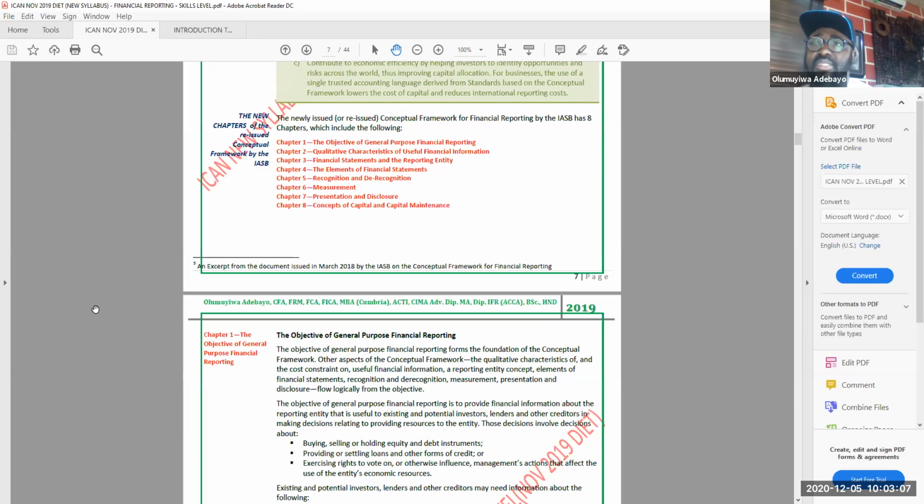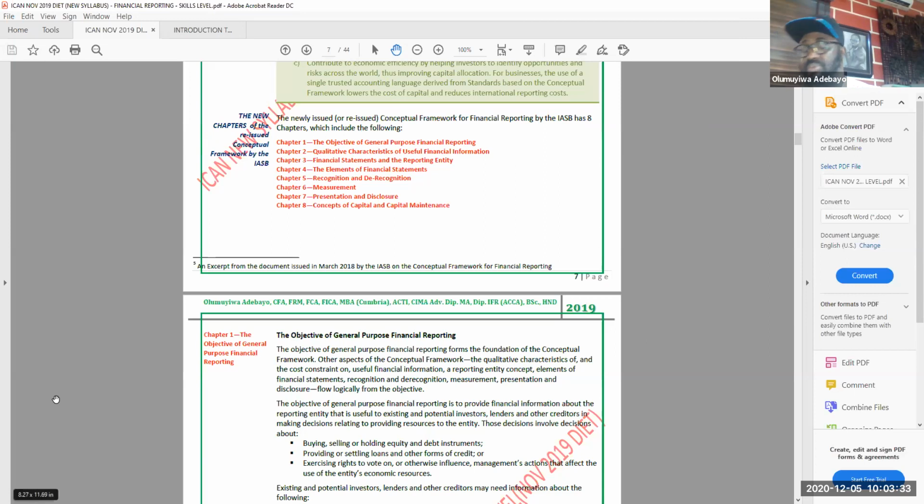And that is it. Now, various users exist, and various purposes for which decisions are to be made equally exist, which implies that we need to first appreciate who the users of financial information, financial statements, or financial reports are.